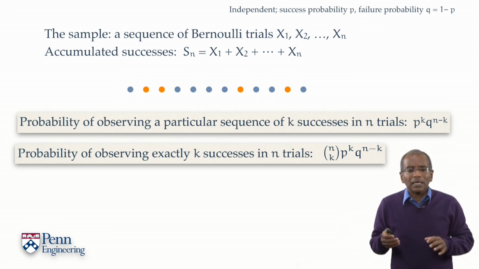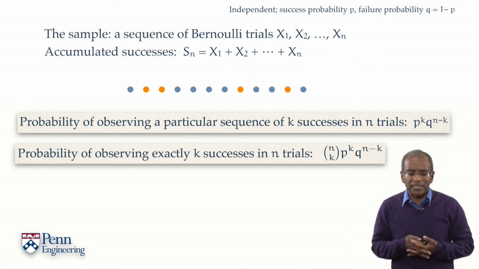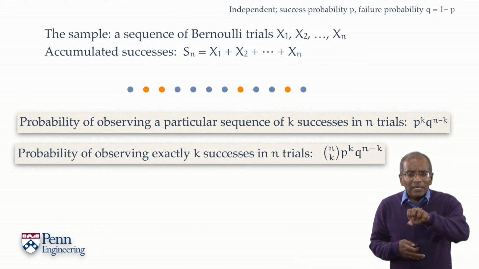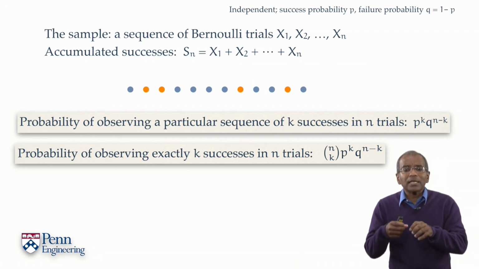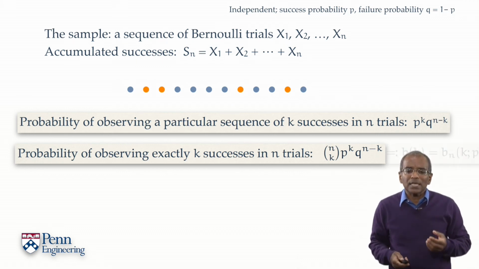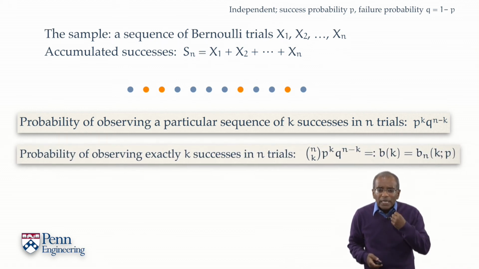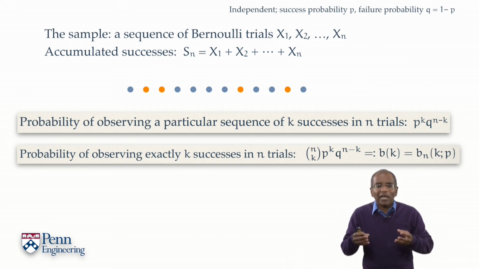Simple. Now, a little notational grease will make our steps forward a little bit easier. Of course, these are exactly the atomic probabilities for the accumulated successes. This is what we called B of k. But we should keep at the back of our mind that k is the free variable here, counting the number of successes.